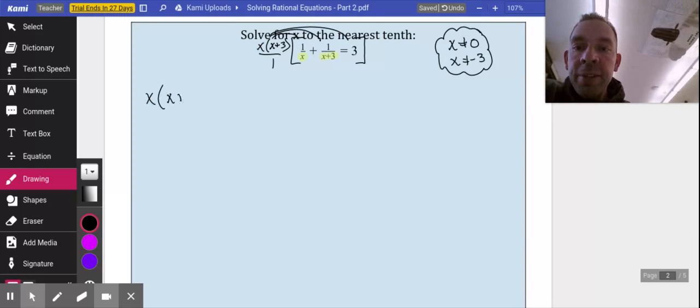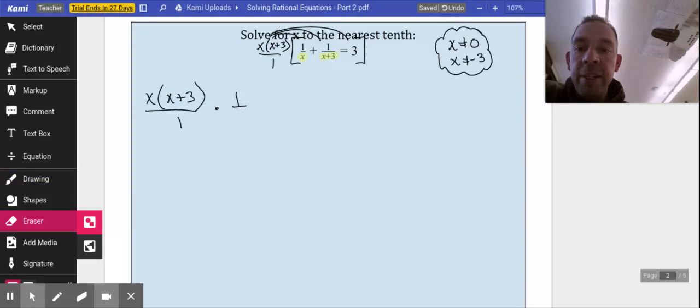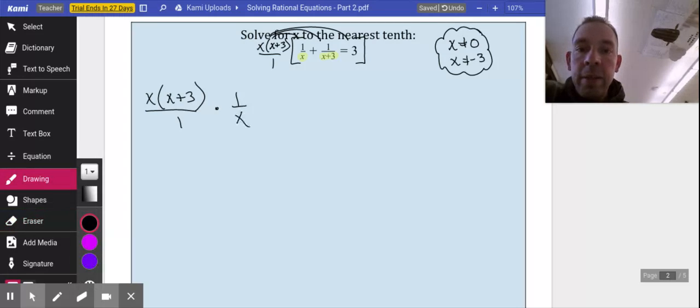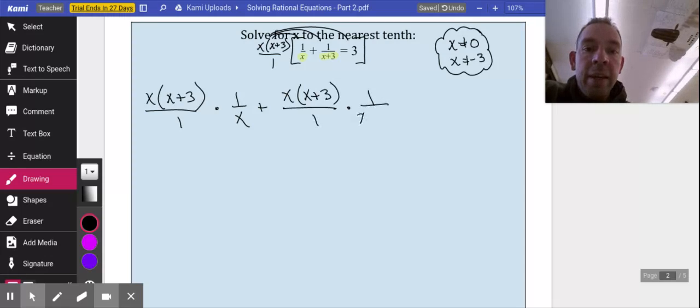So we've got our LCD distributed to our first term. That's going to be an x right there. And then we'll distribute it to our second term. It's so much fun to cancel things out, isn't it? And then when I distribute this to the third term, I'm just going to write that as 3 over 1.